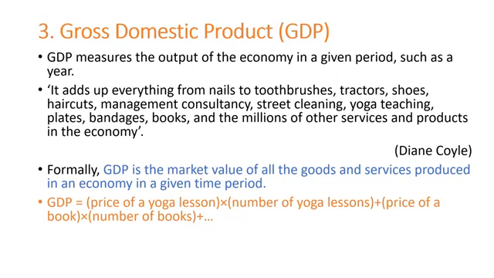For example, GDP is the price of a yoga lesson multiplied by the number of yoga lessons, plus the price of a book multiplied by the number of books produced in that time period, and so on. Therefore, GDP is the sum of price multiplied by the quantity of each commodity produced in an economy during the given time period.